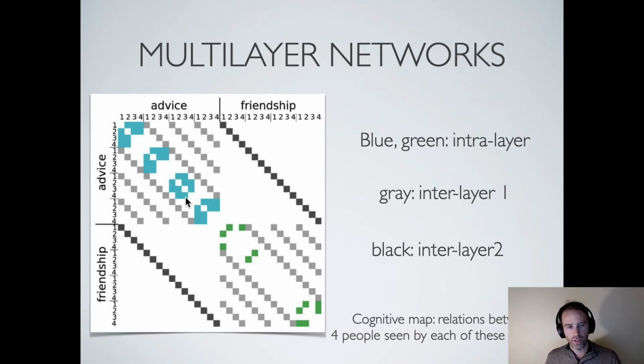In this matrix, the blue edges correspond to intra-layer edges, so these blue or green ones correspond to edges inside one layer. Then you have gray edges, which link one node to the same node in a different advice layer.